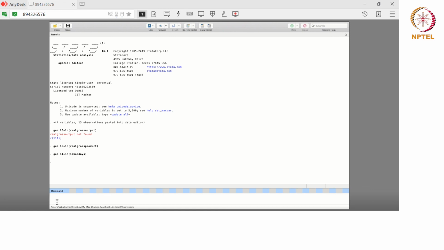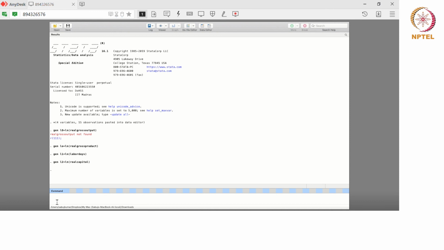And then the third one, gen L2 defined as ln of real capital. So, all three variables are now converted into log.